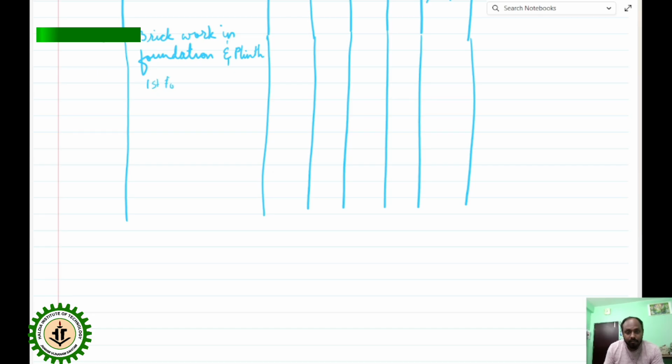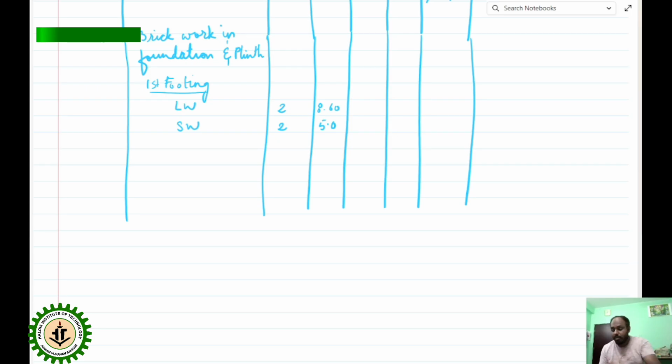So, first footing, long wall, short wall. What is the length of the first footing? Length is 8.60, 5.0.